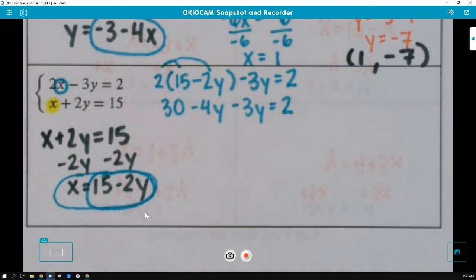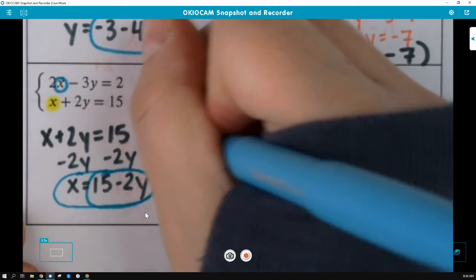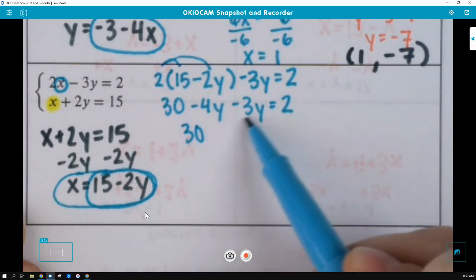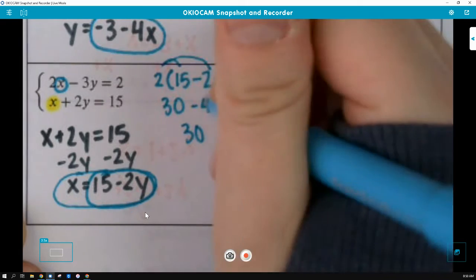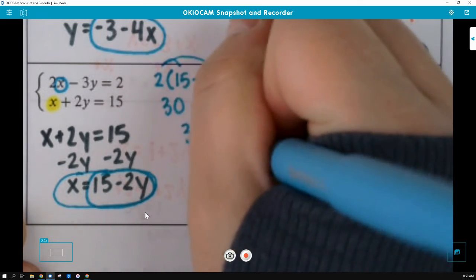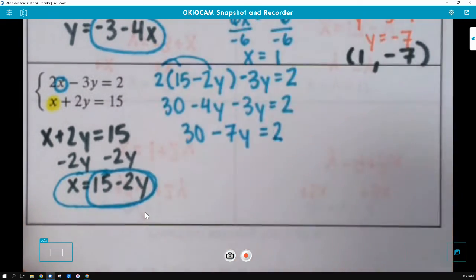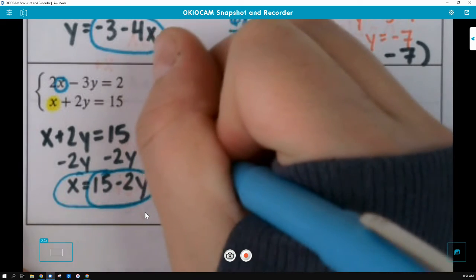And then we're going to combine like terms. So my negative 4y and my negative 3y, I can combine those together. So 30 still. Negative 4 minus 3 is negative 7. 30 minus 7y equals 2. Subtract 30 from both sides.